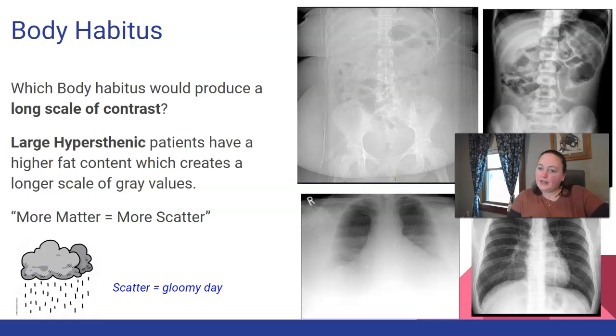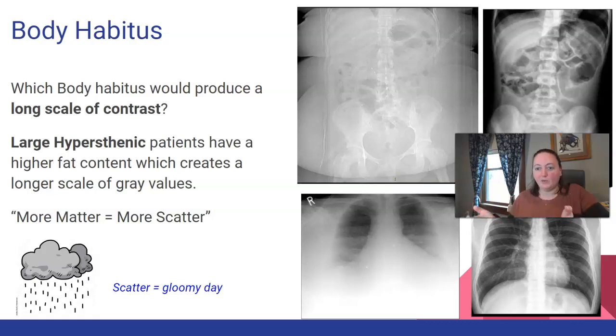But if you're asked a body habitus question, I want you to think about kind of what they're really asking you. They're asking you about, say, an abdomen on a hypersthenic patient versus an abdomen on an asthenic patient. What does the hypersthenic patient have more of? They have more body weight. They have more soft tissue.